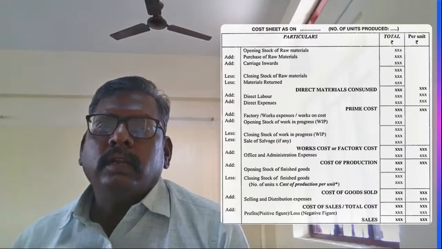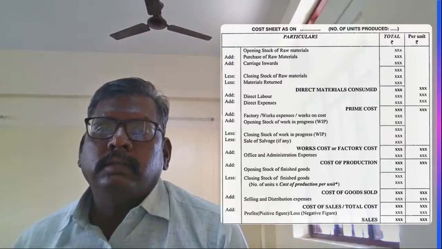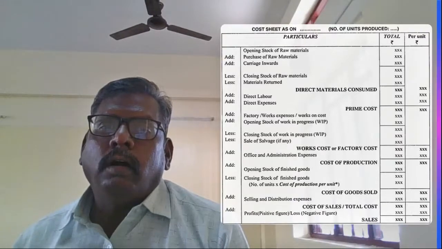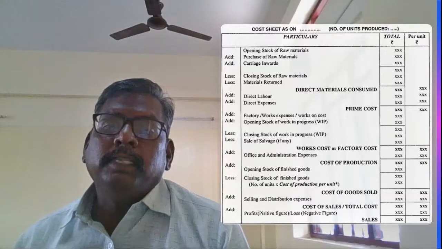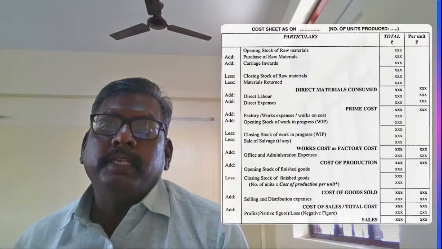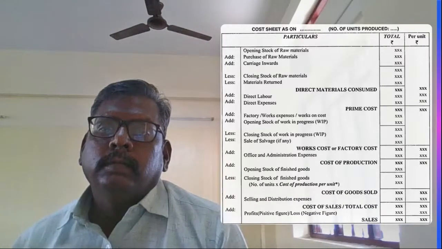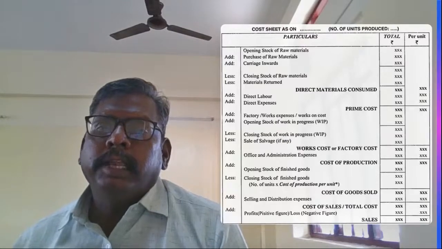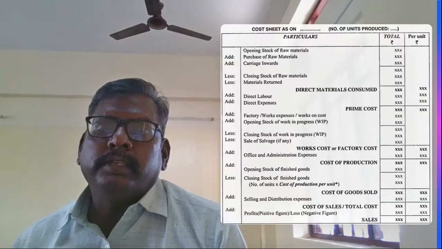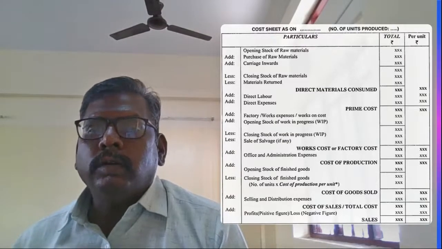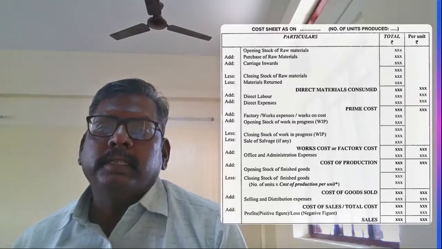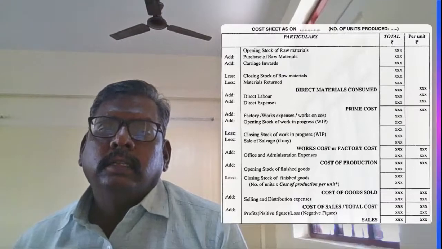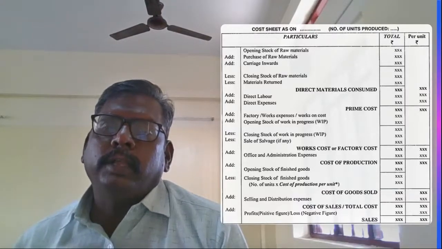Then to the work cost or factory cost, we have to add the office and administration cost. That means costs spent for administrative purposes. To sell the product, we need an office. So the amounts spent for office purposes, that means administrative purposes, we have to include here.